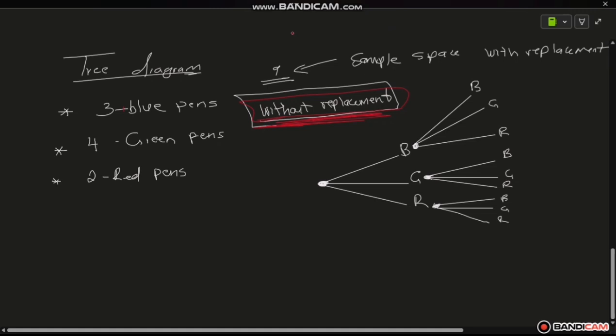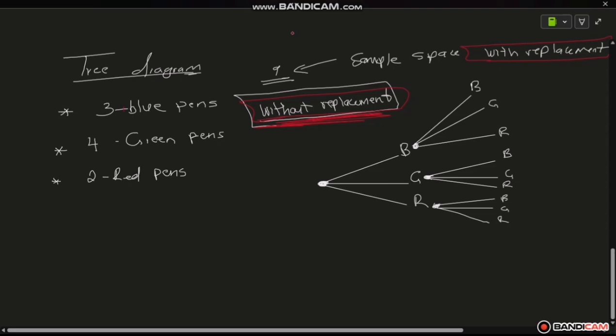It will be 2 over 3. Why? Because you took it out and you didn't replace it. I'm going to do that right here as we do this question. So without replacement, you pick a ball, you write it down and you keep it out, meaning the probability now will be 2 over 3. But when you talk about replacement, you pick a ball, you write it down and you put it back, so nothing changes there.